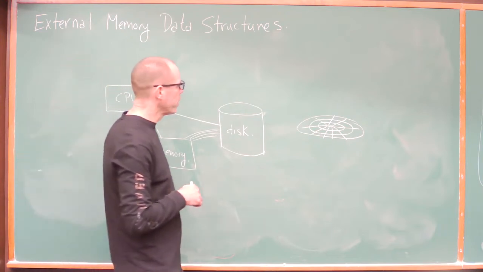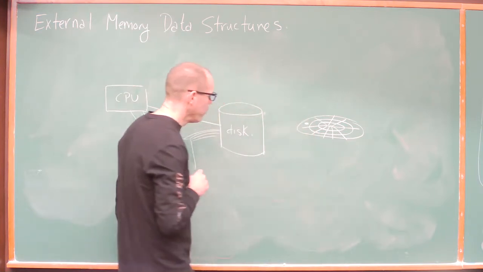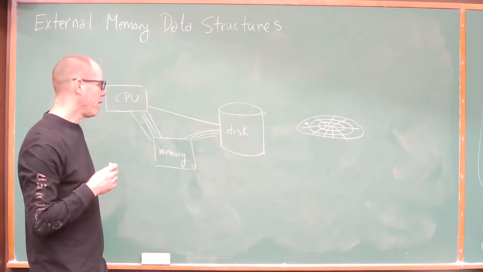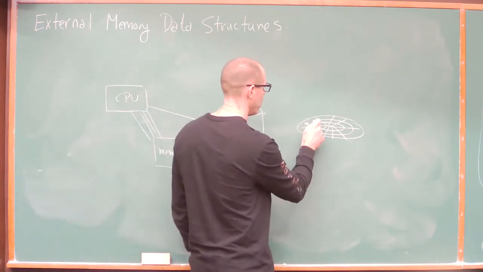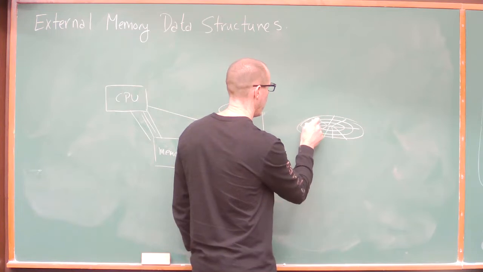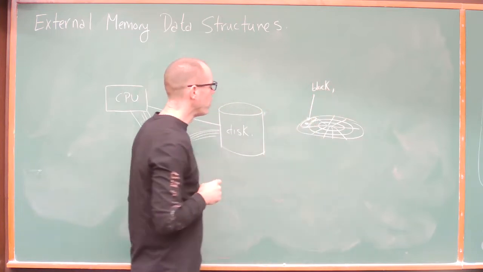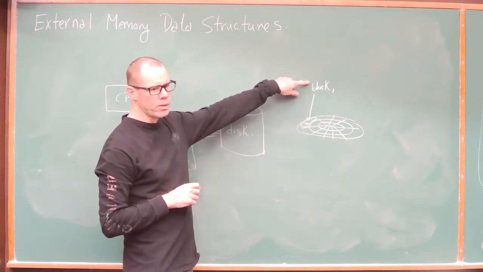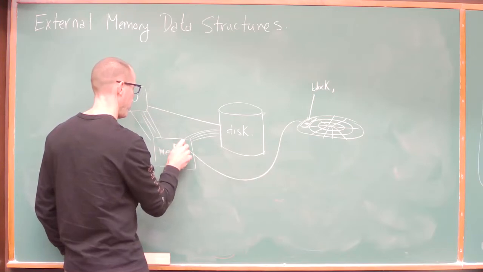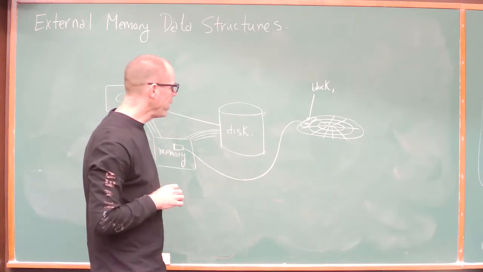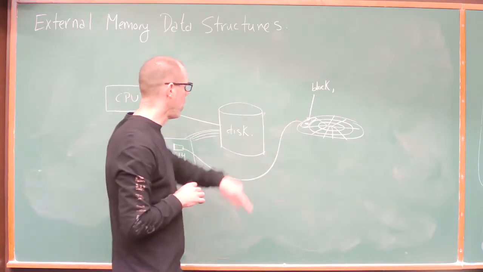When you ask for a particular byte or a particular word off a disk, the disk hardware doesn't just read that particular byte or word, it has to read a whole block. So even if you just wanted one thing, a whole block gets read, and that whole block gets transferred into memory. So it's not any cheaper to ask for one byte than it is to ask for an entire block.